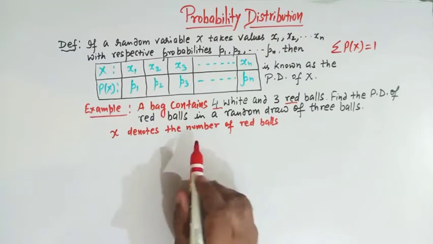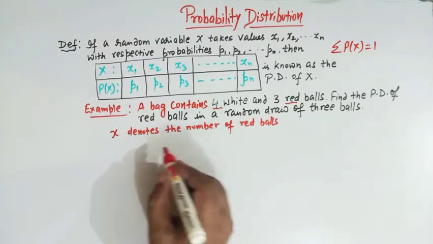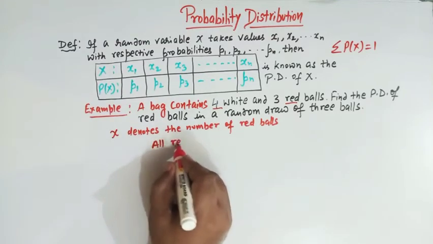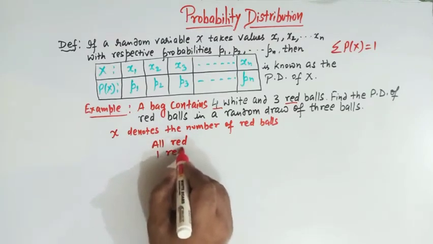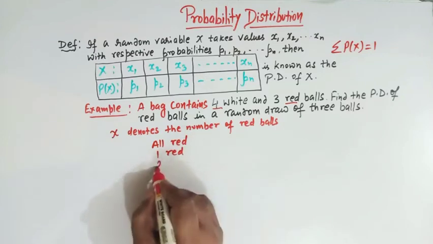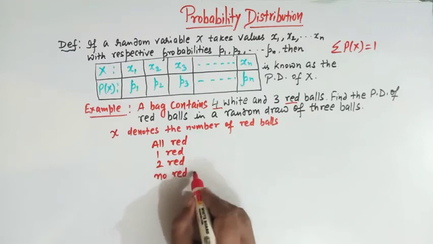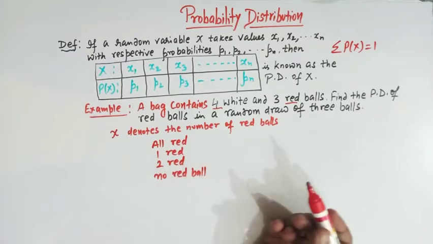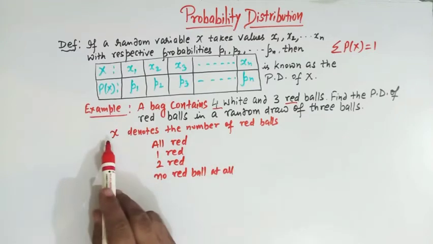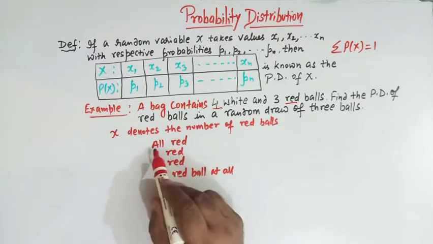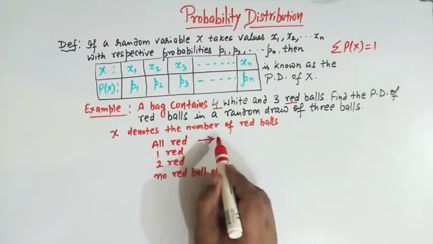So when we draw 3 balls in a random draw, then we may have all red balls, or 1 red ball, or 2 red balls, or no red ball at all, right? So the random variable X, when we have all red balls, takes the value 3.